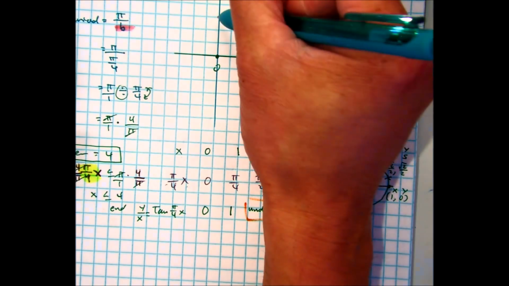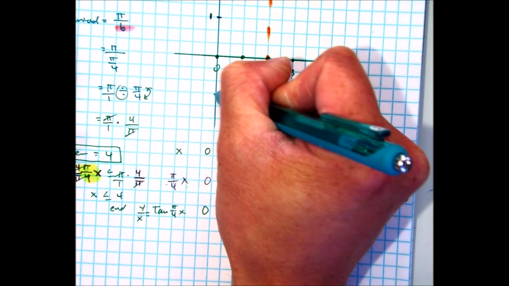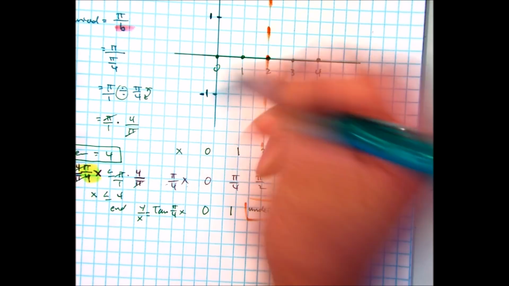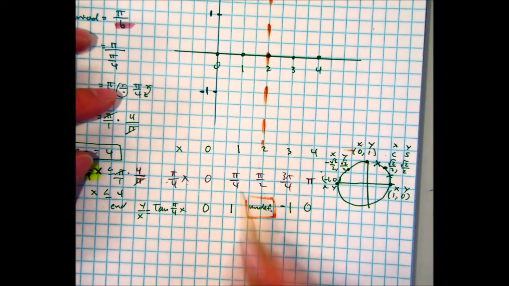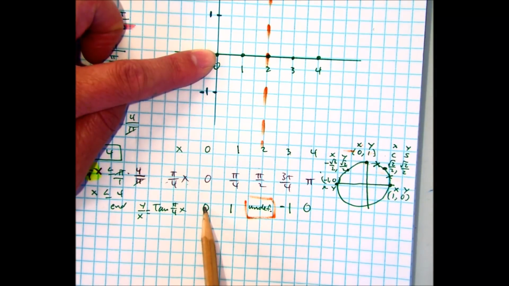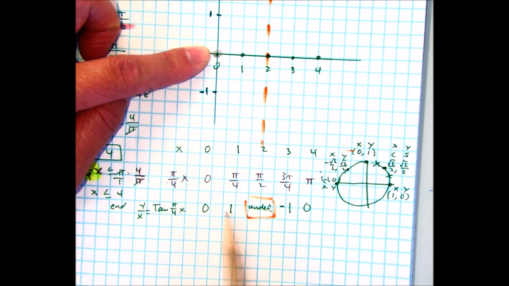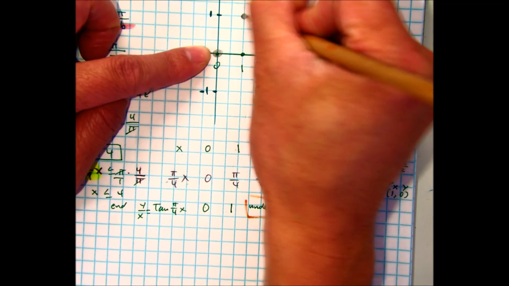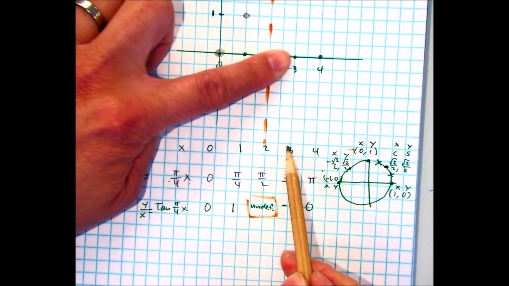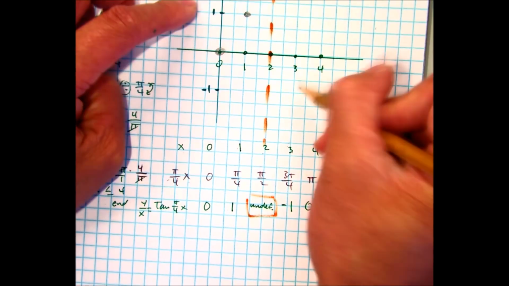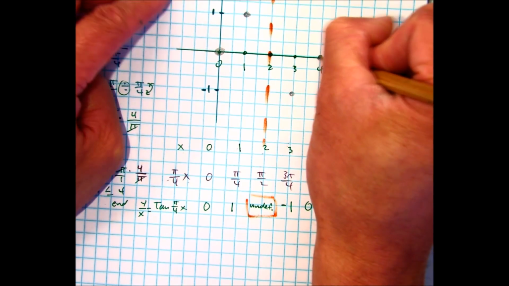I'll just do every 3 is going to be 1, and negative 1. At 0, I have 0. At 1, I have 1. At 2, I have undefined. At 3, I have -1. At 4, I have 0.